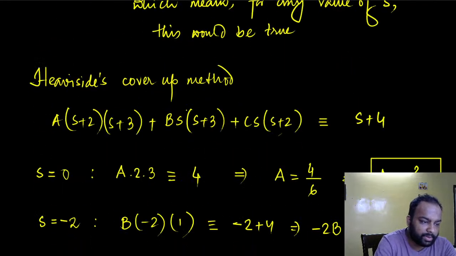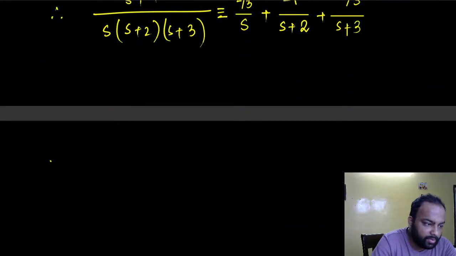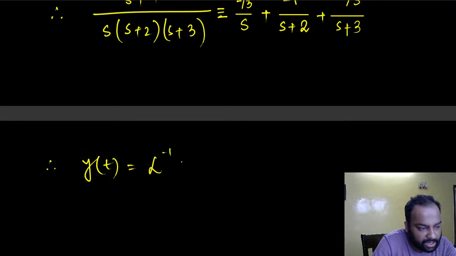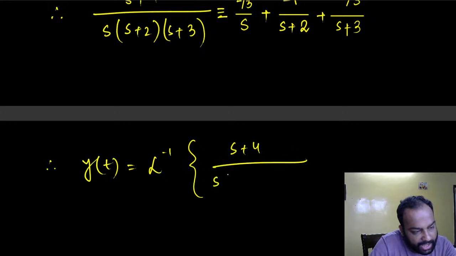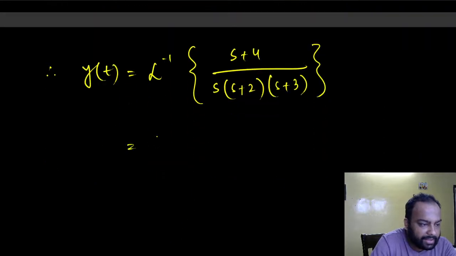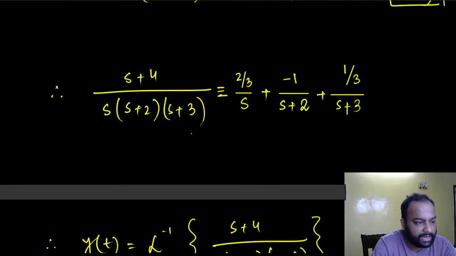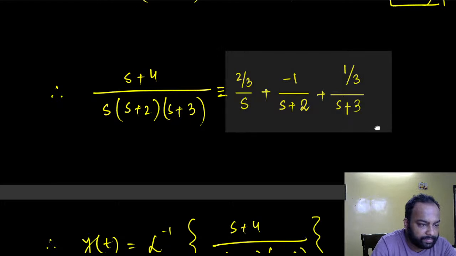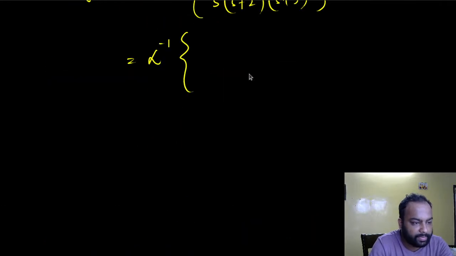So therefore the y(t), which is the inverse Laplace transform of s plus 4 divided by s into s plus 2 into s plus 3, would be the same as the inverse Laplace transform of this, because we have just calculated everything like that, because these two expressions are equivalent.